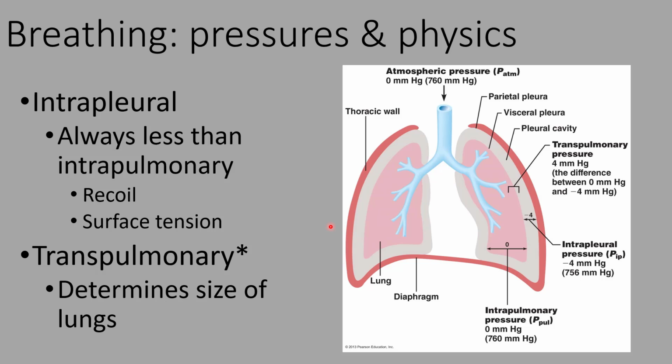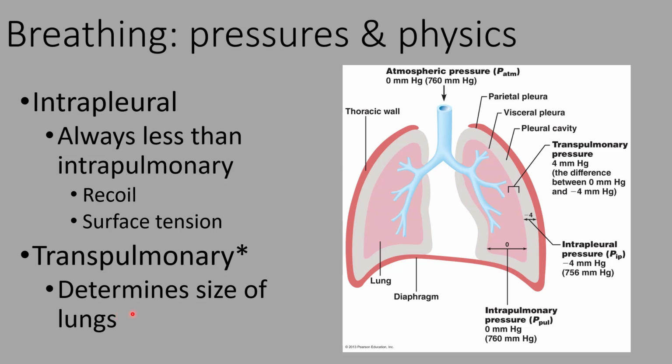The way you find it is intrapleural minus intrapulmonary, and that will give you a negative number. In the example that we gave with the intrapulmonary pressure being 760 and the intrapleural pressure being about 756, that means the transpulmonary pressure is negative 4 millimeters of mercury, negative 4 mmHg.